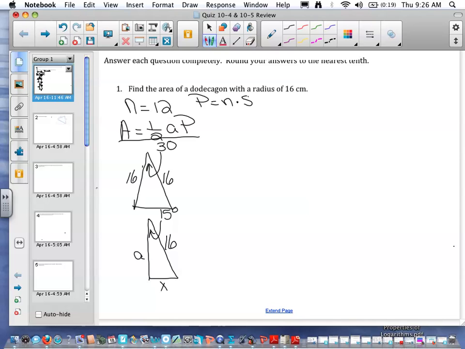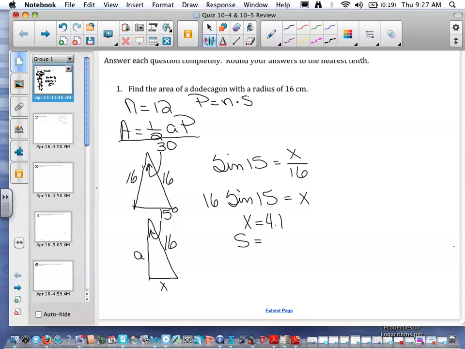So to find the side length, you would use sine of 15 is equal to x over 16. So 16 times sine of 15 is 4.1, so x is equal to 4.1.